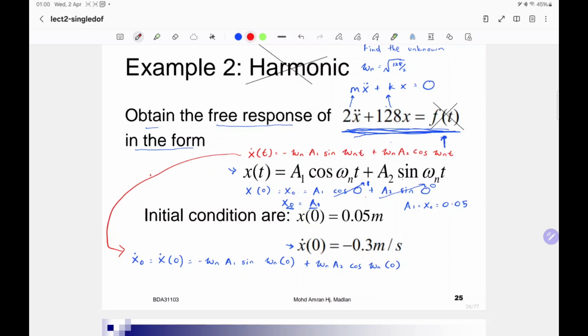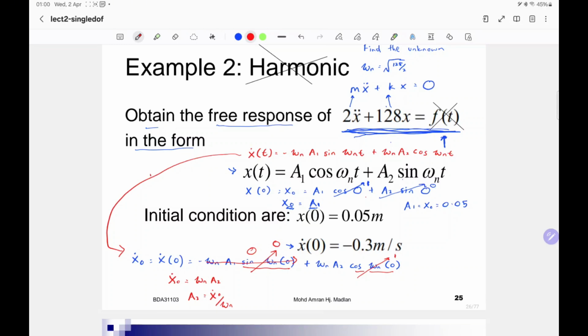So we know that sine 0 will become 0. So all of these will become 0, and cos 0 will become 1. So x dot naught is equal to omega n A2, and A2 is x dot naught over omega n.